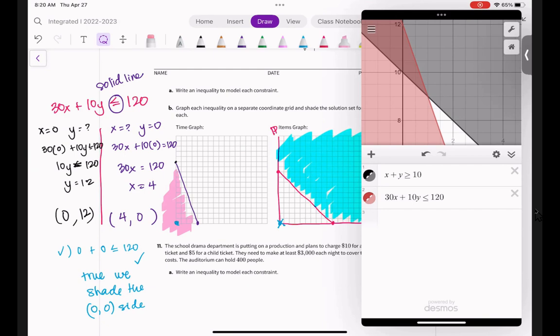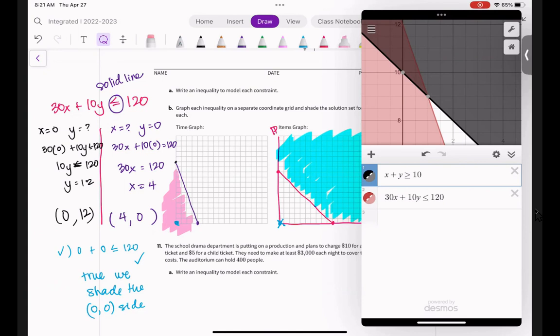According to this graph, my solutions look like this point, so it's 1, 9. That point right there would be half, that doesn't work. So 0, 10. That point right there would be 0, 11.